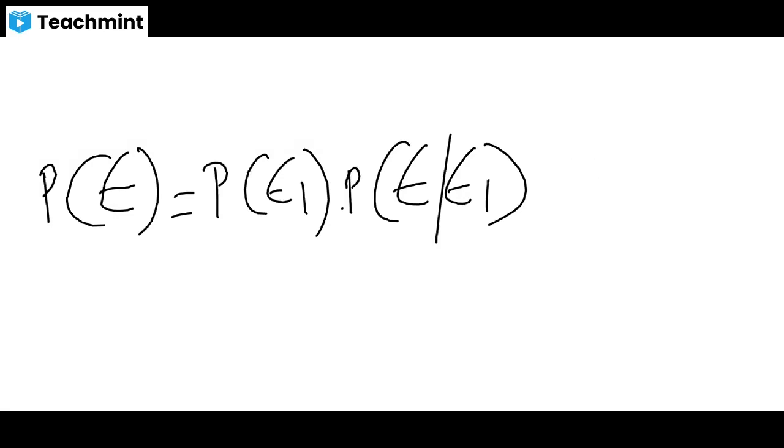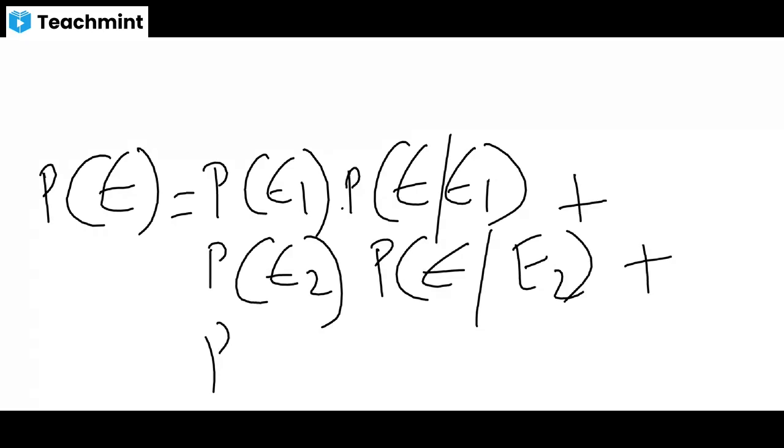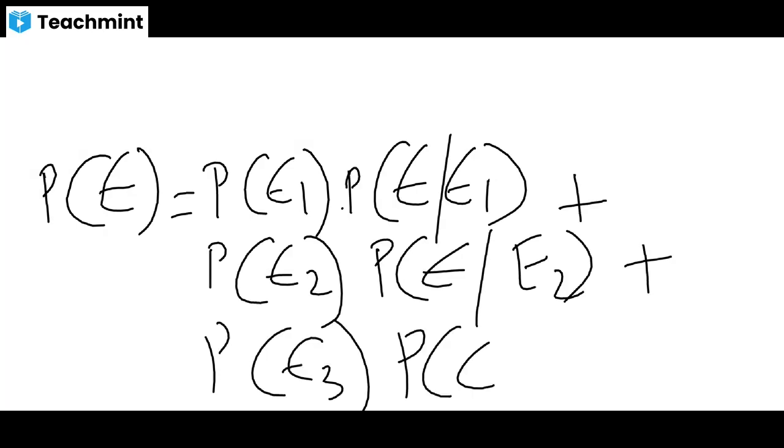Plus, or you choose the second bag and from the second bag you take out one white and one red. Or you choose the third bag and from there you take out one white and one red. This is called the theorem of total probability. Is that clear, everyone? Yes, sir.